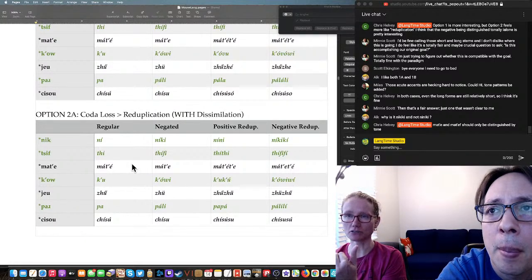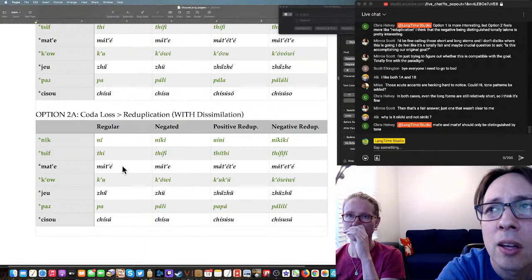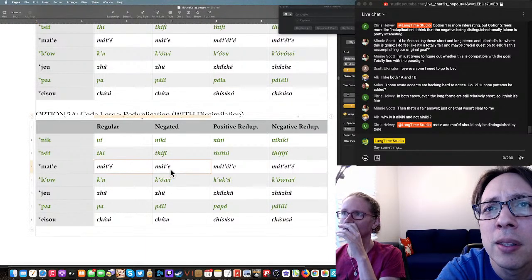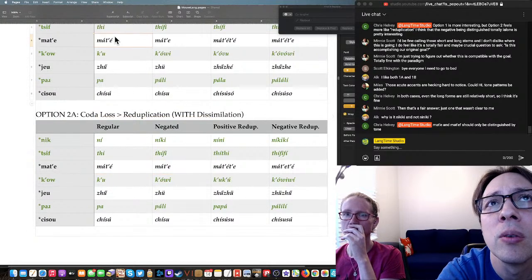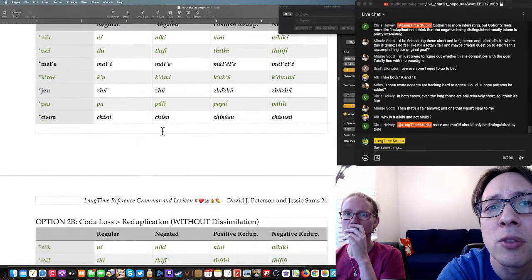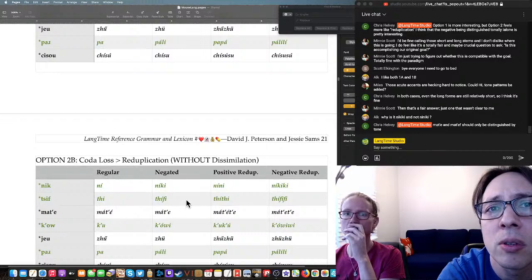Or maybe, can we color code it or shade it to make it clear which columns line up with which forms? Oh, and for Chris, yes, that is the case. Only distinguished by tone. Is there a place where that's not true? No, it's always true.